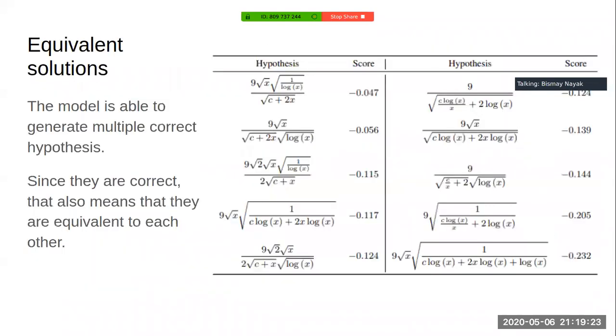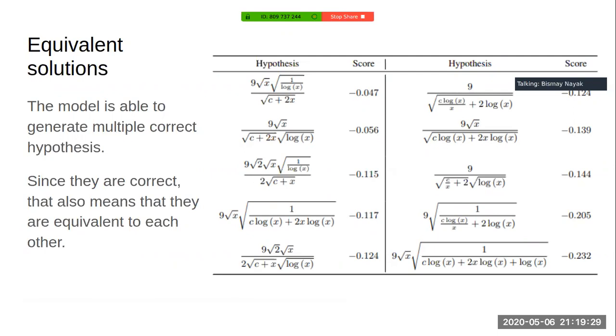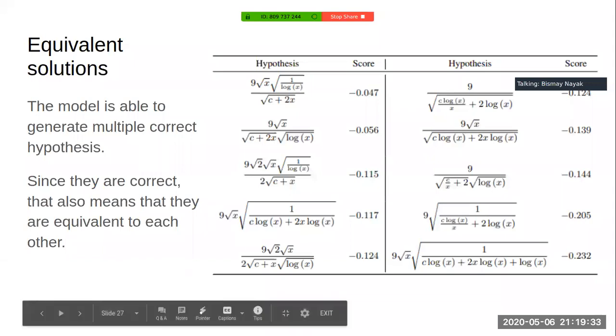So when they do it, they found that although they get a correct result in most cases, the multiple hypotheses that are generated by the model are equivalent to each other.